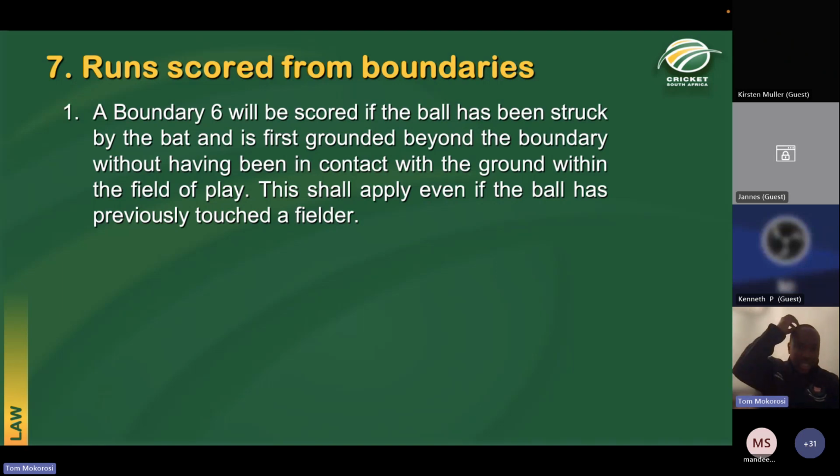The ball ricochets off the top of the batter's helmet and flies over the keeper's head, over the boundary, and lands in the pavilion. So the ball has not been grounded within the field of play. It has landed in the stands, on the seats, next to a spectator. So what are you as an umpire going to signal? Are you going to signal boundary 4 or are you going to signal boundary 6? Please type your answer into the chat box now.